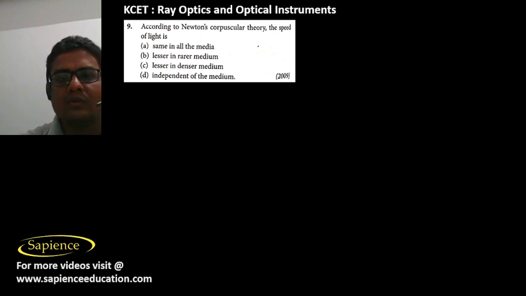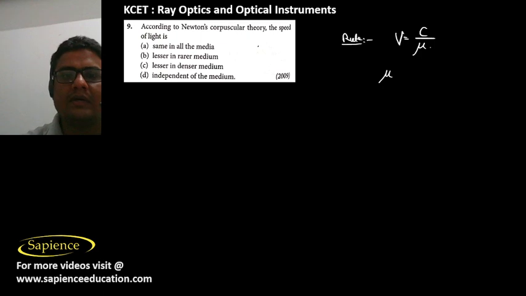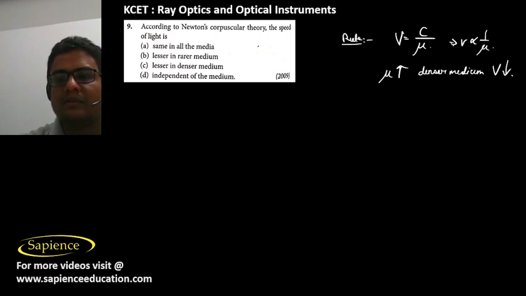The actual rule is that the speed of light in any given medium is given as v is equal to c by mu, where mu is the refractive index. So if the refractive index is high, it means that it is a denser medium, and in the denser medium the speed of light will be less, since v is inversely proportional to the refractive index. And if the refractive index is less, means it is a rarer medium, then the speed of light should be higher in that rarer medium.